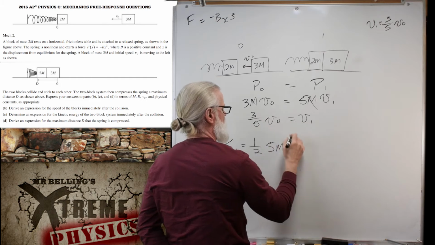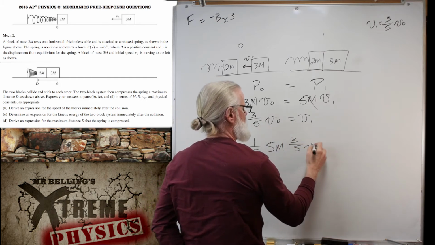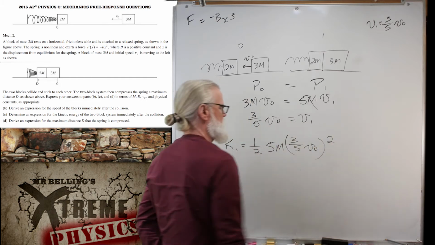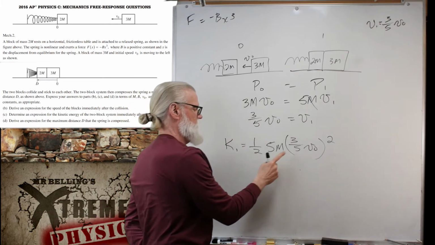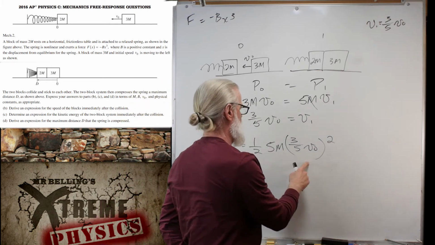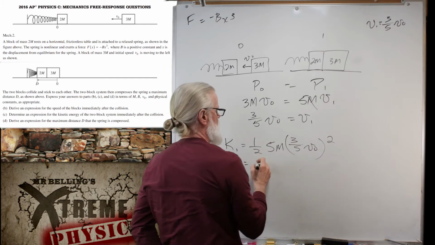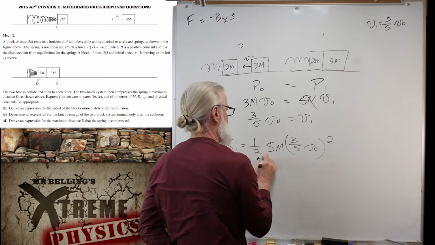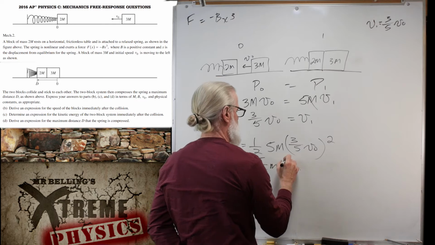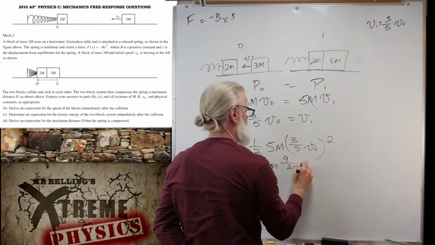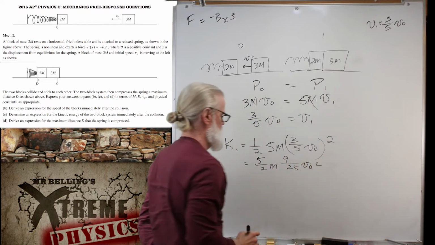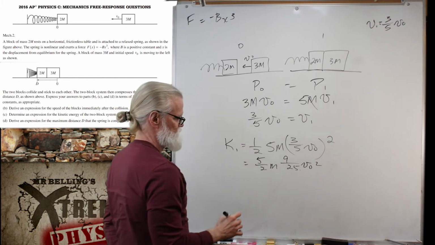This is v1 right here, so it's 3/5 v0 squared, right? 1/2 mv squared. All right, so what do we got here? We have 5/2 m times 9/25 v0 squared.